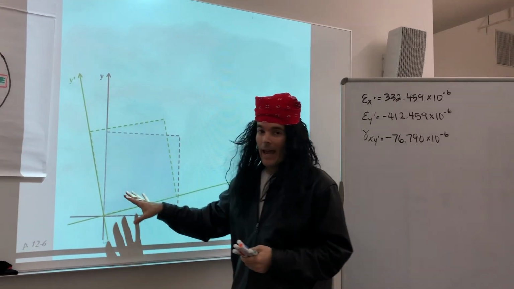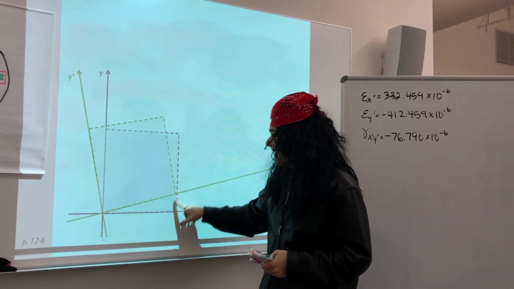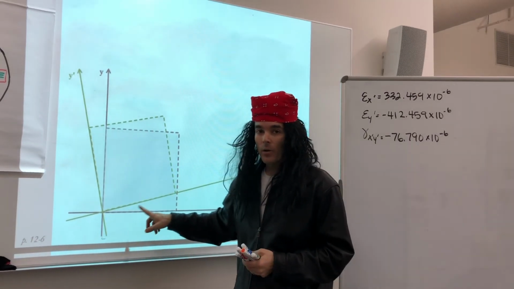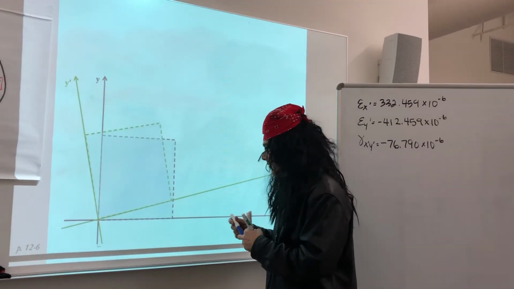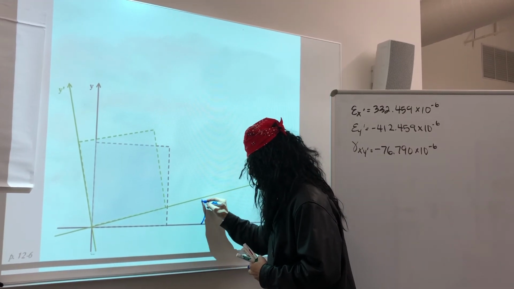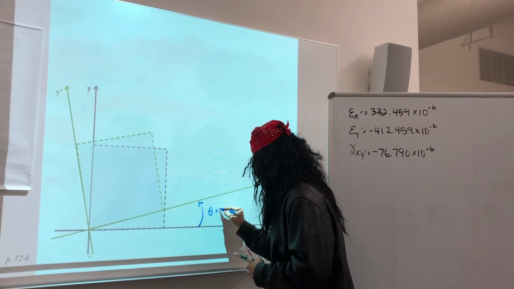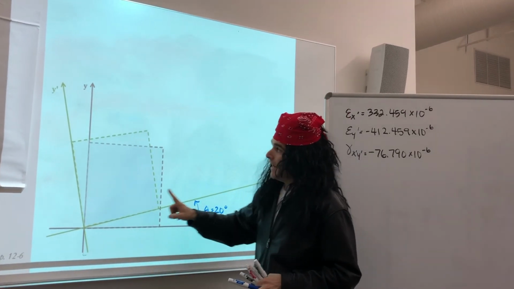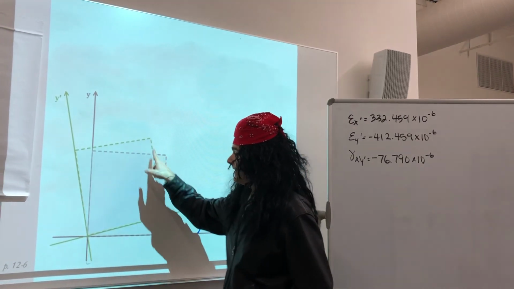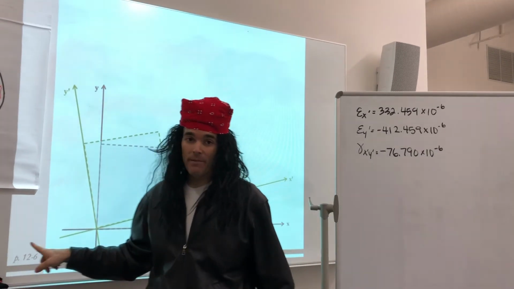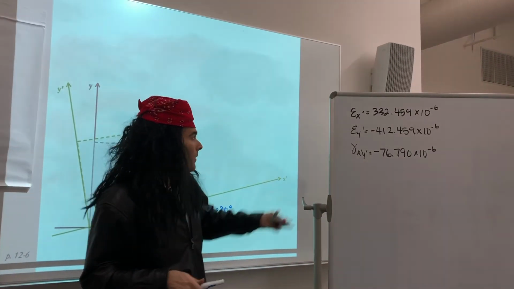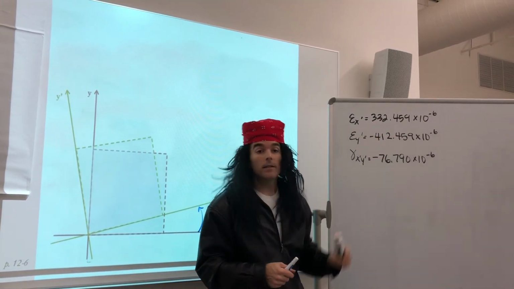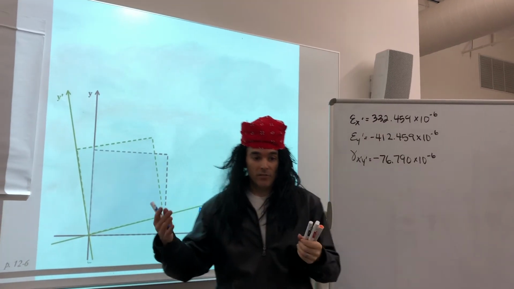So I've gone ahead and drawn my block. The black dashed line indicates the original block, and we want to know what happened on an angle when we rotated it counterclockwise, an angle of 20 degrees. So I've gone ahead and drawn my x prime and y prime axis as well as the original shape of the element. Now, we have epsilon x prime. It is a positive number, so positive strain means that it's stretched.